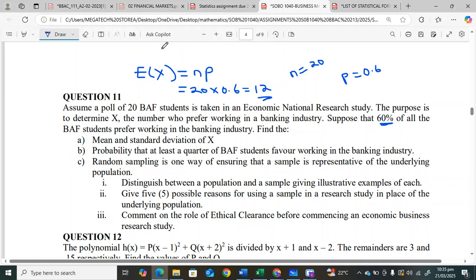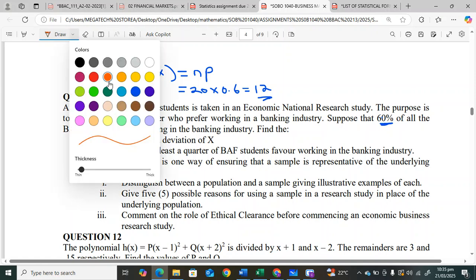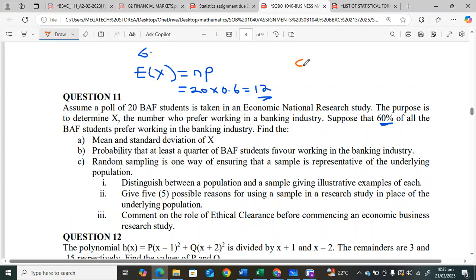We will present it as sigma: sigma, which is the standard deviation, equals the square root of n p (1 minus p).